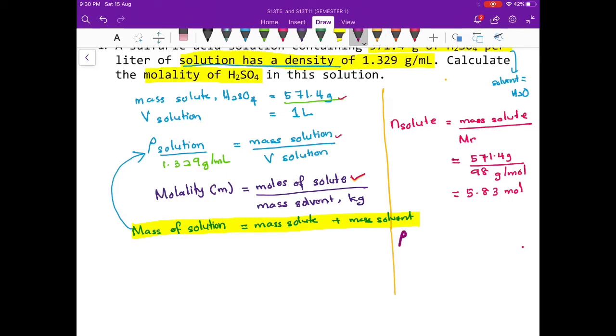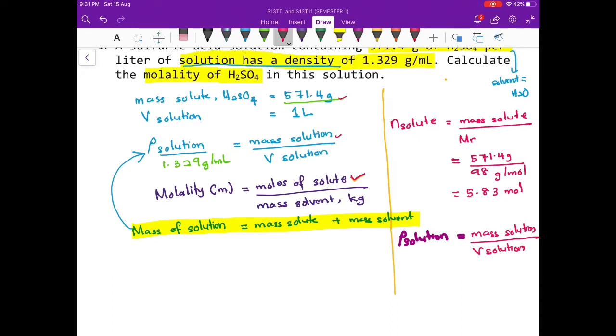Density of solution is equal to mass of solution over volume of solution.